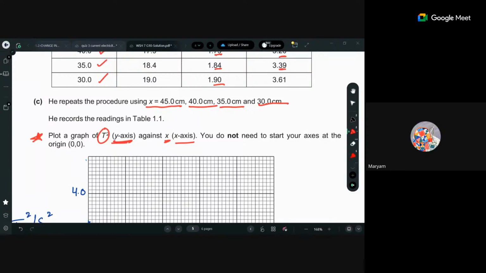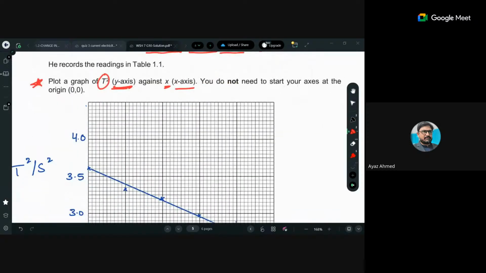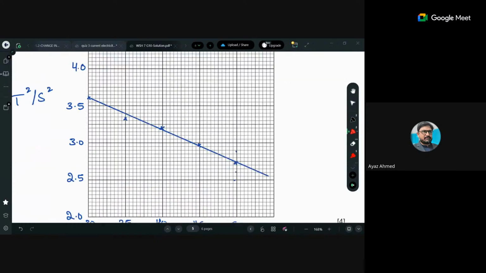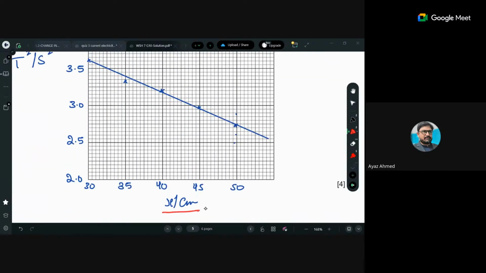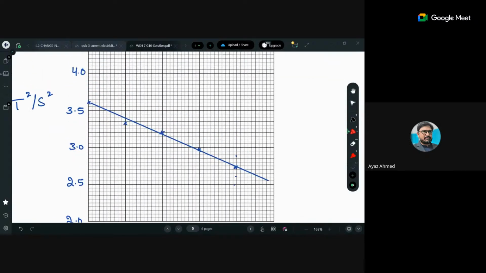You have to plot these points such that one variable is on the x-axis, which is x as mentioned here. What is the unit of x? X is in centimeters, so that is done. Then time square has unit second square, so that is along the y-axis. So use the code A, S, P, L.